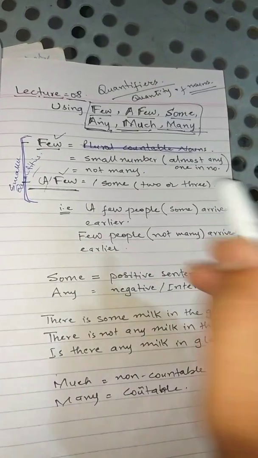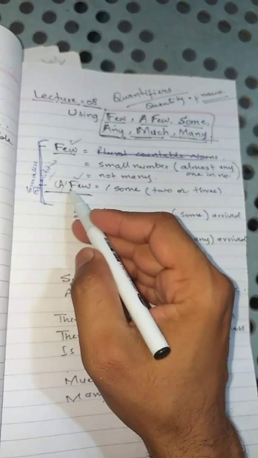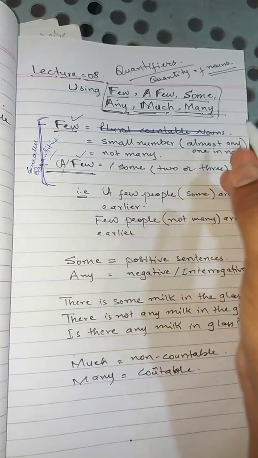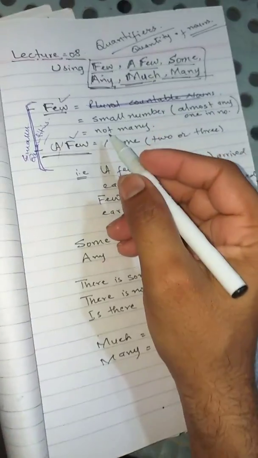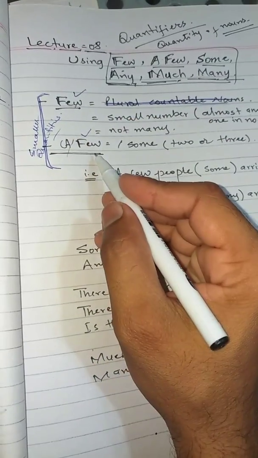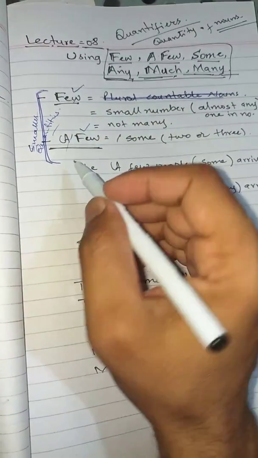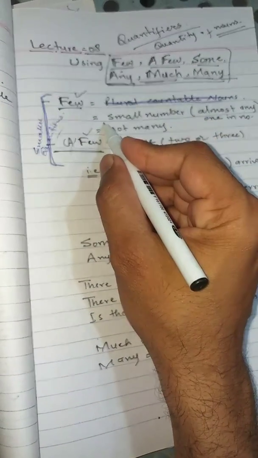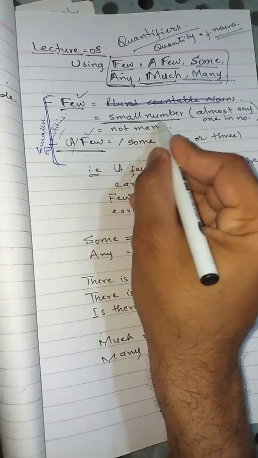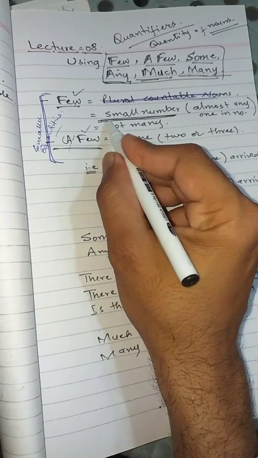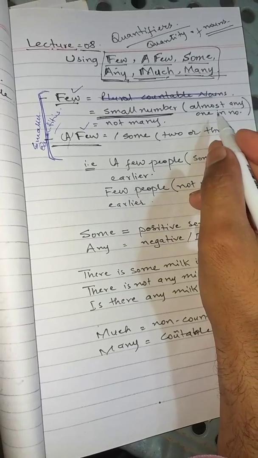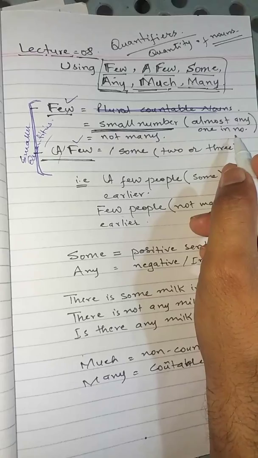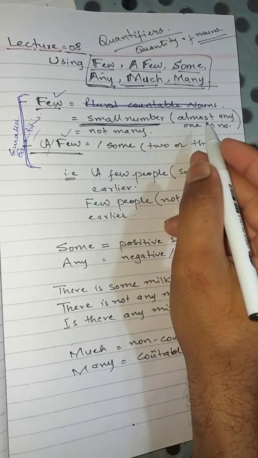Few and a few, they both are used for smaller quantities. The major difference between few and a few is just a single thing. You use the word few where you have a small number of objects, almost not any, almost one or two in number.